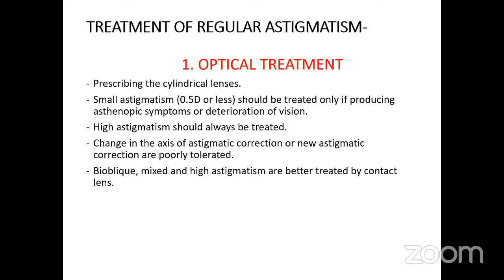We can shine the light in the center near the forehead of the patient, ask the patient to look at the distance, and where the light reflex is falling, we can see where the pupil is placed and then mark it on the glasses. No, that is okay, you have marked the pupil, but how do you know it is the optical center of that specs or glass? How do you mark that?